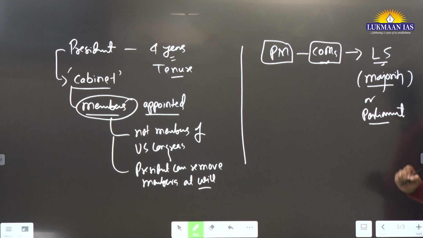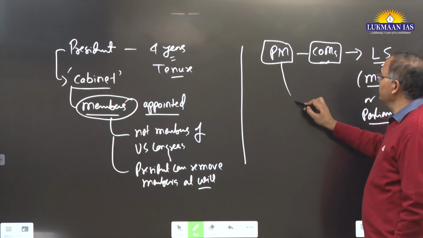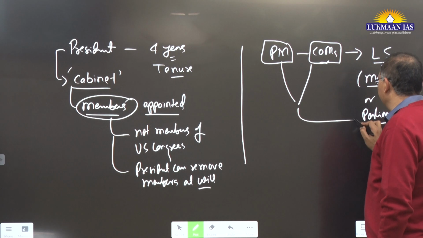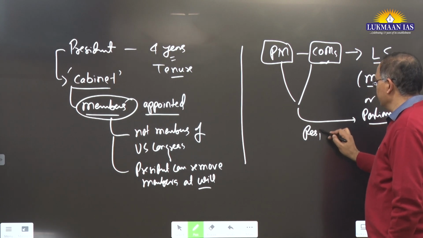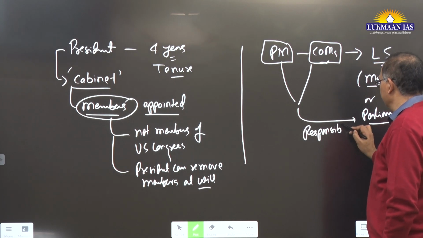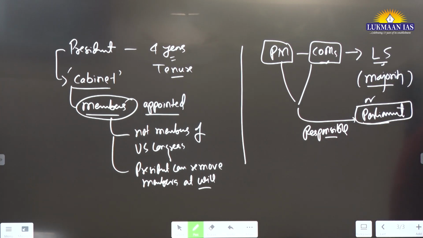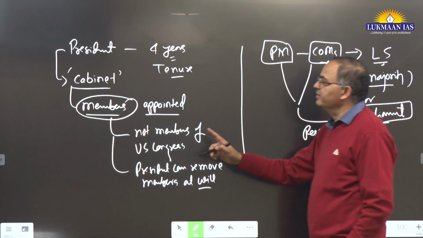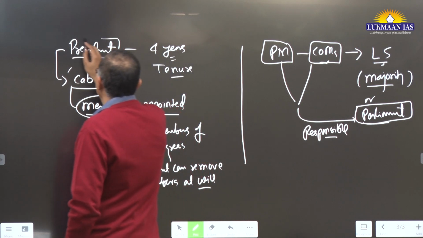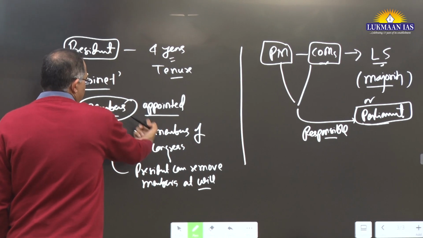In that way, both will be responsible to Parliament. But here, the president is not responsible to the US Congress.